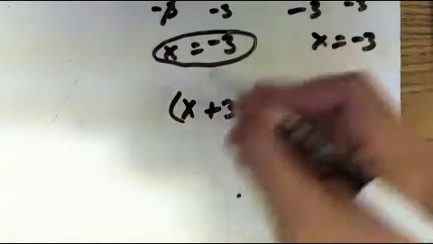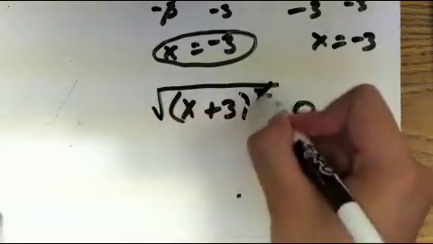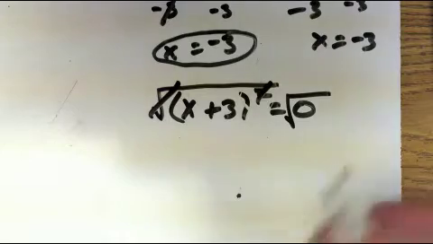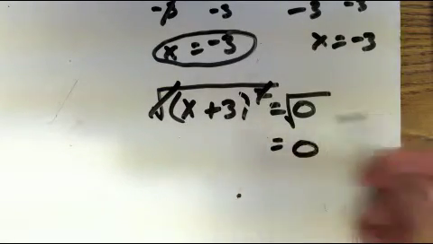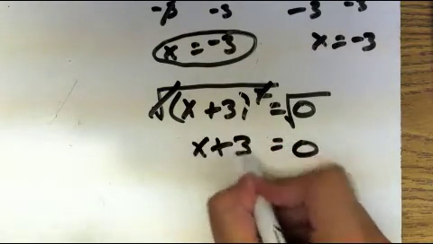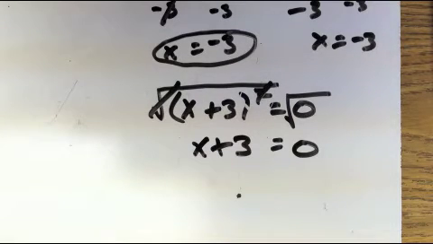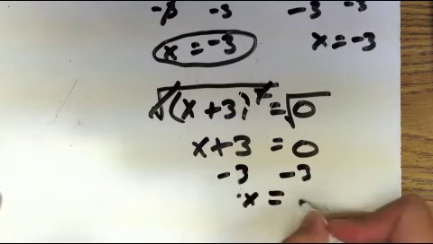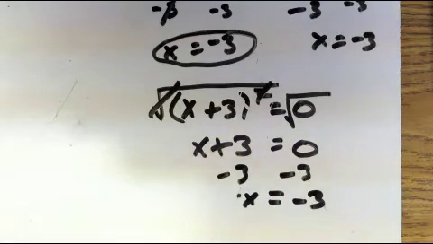So to get rid of the square, we would square root it. So goodbye square. Whatever we do to one side, you have to do the other. Okay, 0 squared is just 0, and we're left with x plus 3 equals 0. Doesn't that look kind of familiar, right? Okay, subtract 3 again from both sides, and you end up with x equals negative 3.